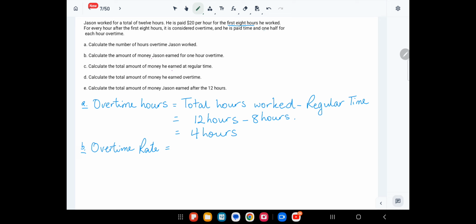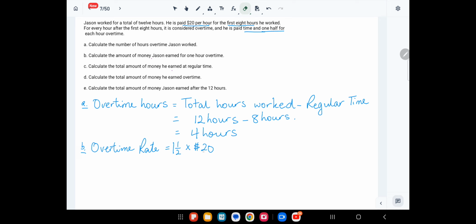In this case, he is paid time and 1/2 for each hour overtime. So that means it is 1 and 1/2 of, means to multiply whatever the regular time rate was, and the regular time rate we know is $20 per hour. So that is 1 and 1/2 multiplied by 20.